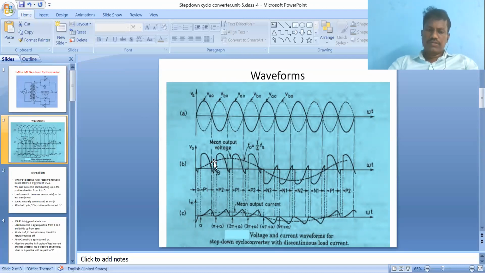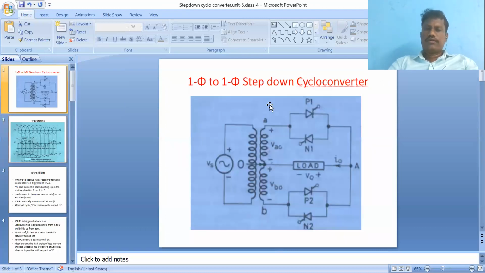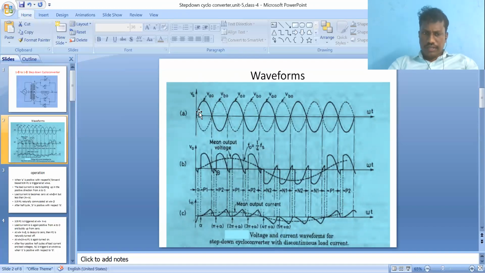Sorry, 4 positive half cycles. So positive means we concentrate only on P thyristors, P1 and P2. Clear? So that's why I have taken that during this positive half cycle, P1 is triggered.